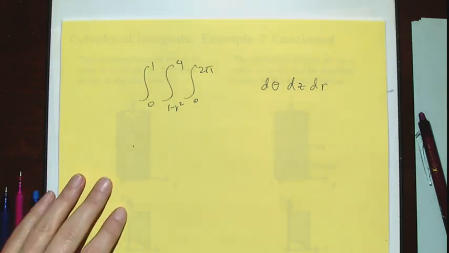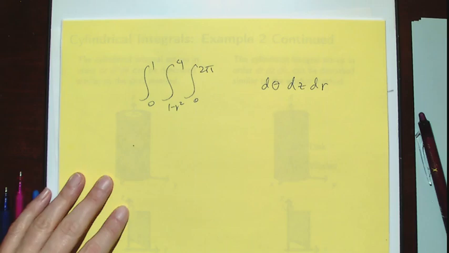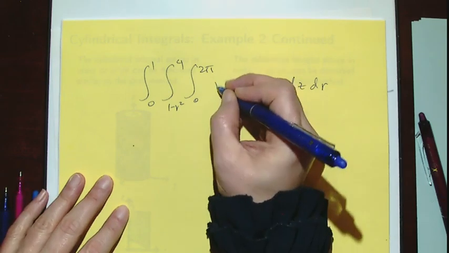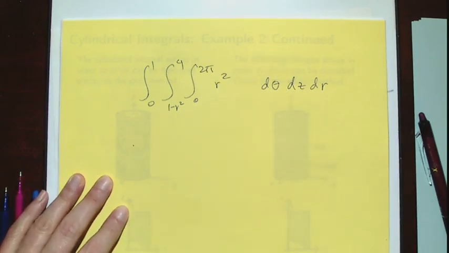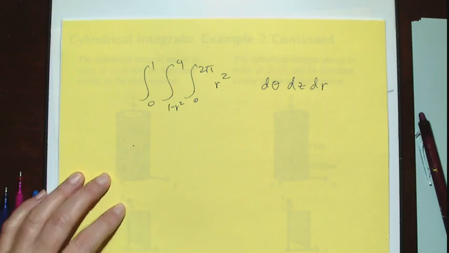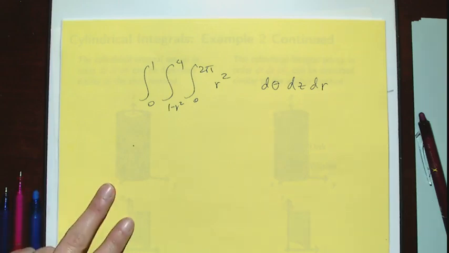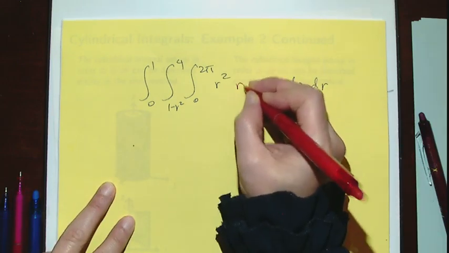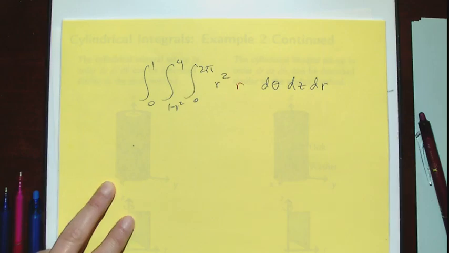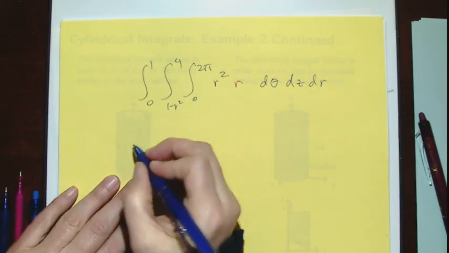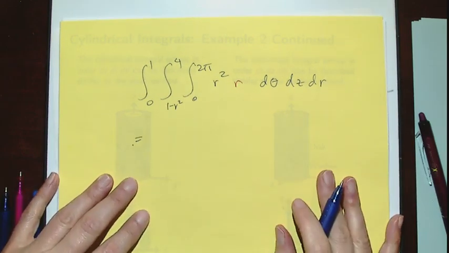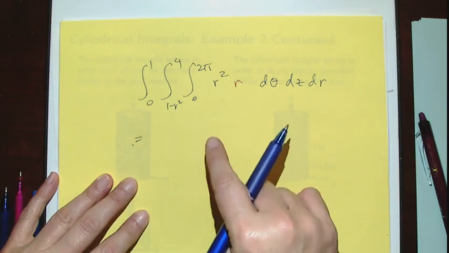Now, what was the integrand? Am I done? Why am I not done? The Jacobian, so I have r. You always have the Jacobian.